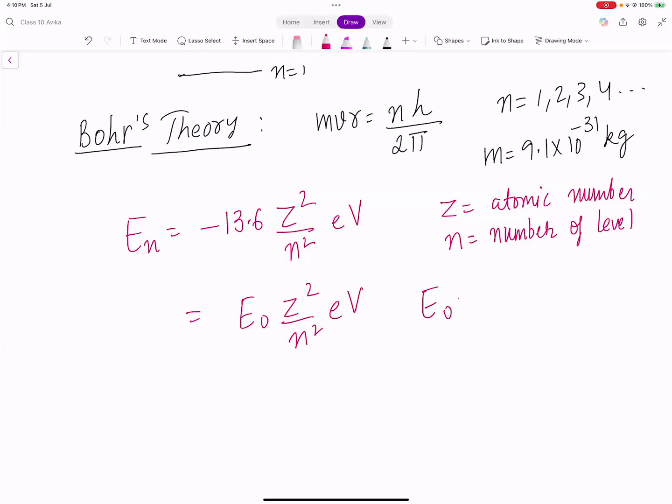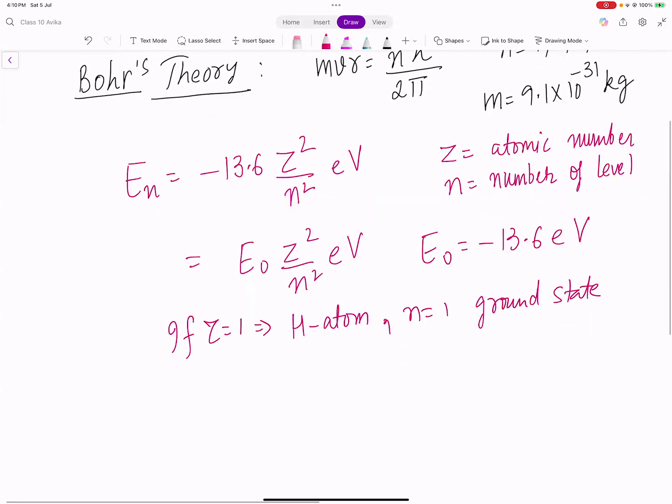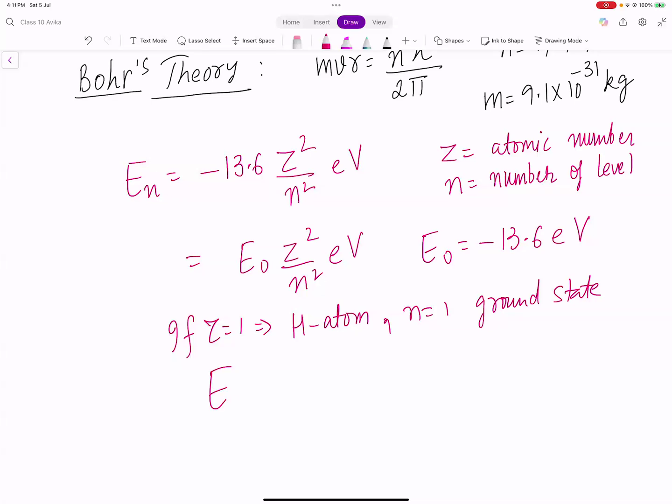E naught is the ground state energy of a hydrogen atom and an electron. If Z equal to 1, it implies hydrogen atom. N equal to 1 means ground state. So this zero point energy E0 we write as minus 13.6 electron volt, because if we calculate from here, it will be minus 13.6, and Z is 1, N is also 1.